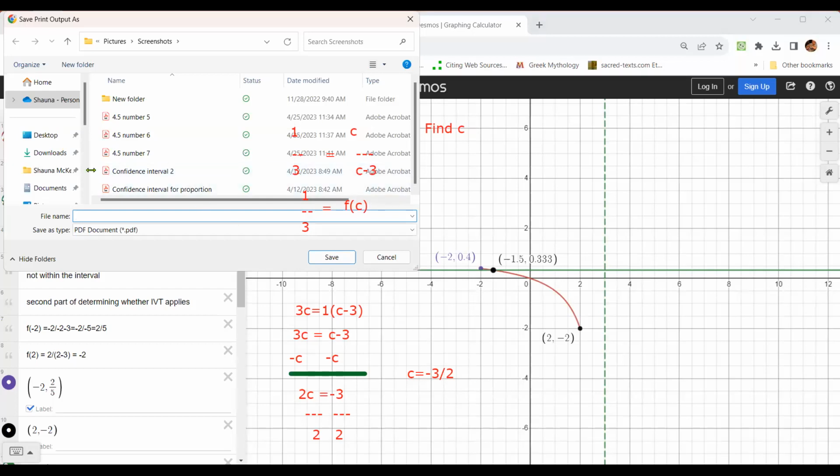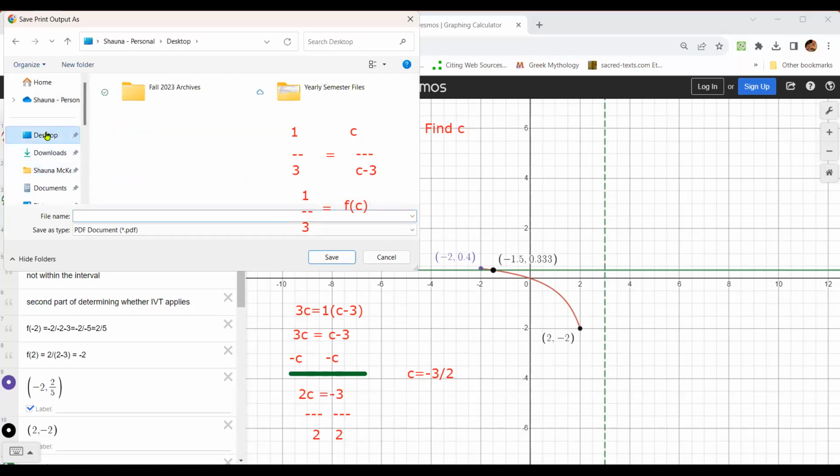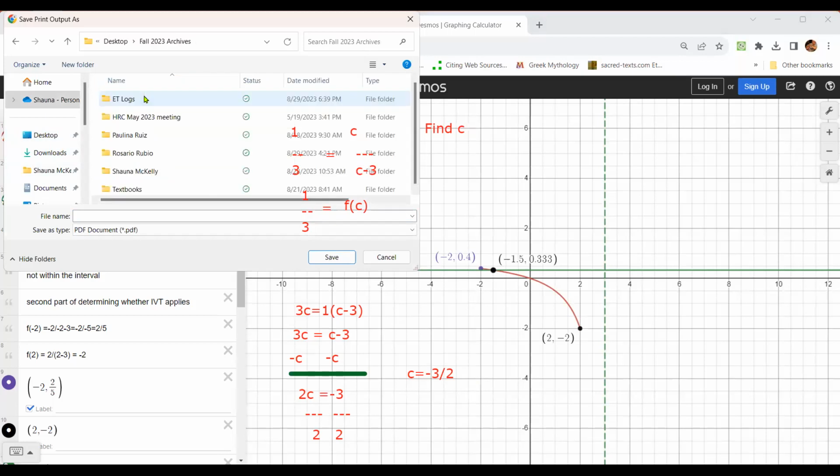And I'm going to put this in my desktop. For right now, I'm just going to put it in here. I'm going to call this IVT problem 2. And today is the 30th of the month already.